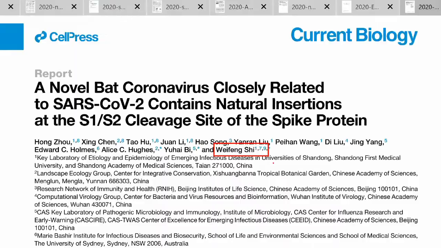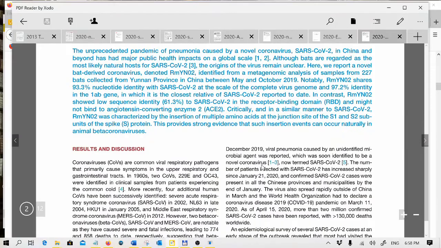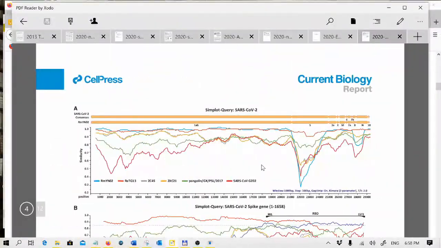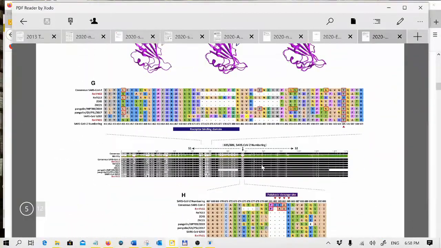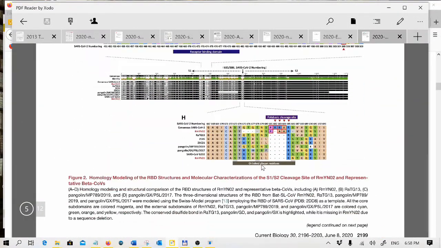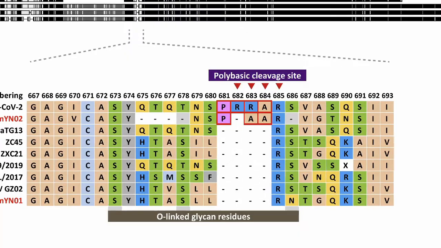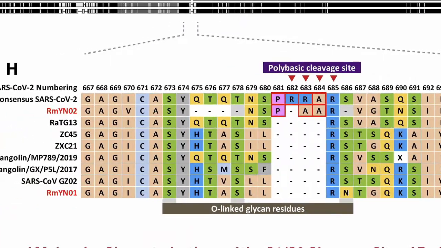But even if, let's say, we accept that, we can look at the alignment in here. Here it is. Let me pull it up here.